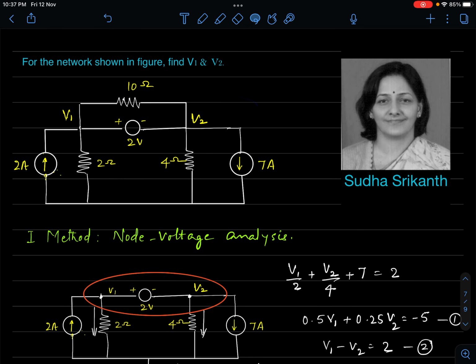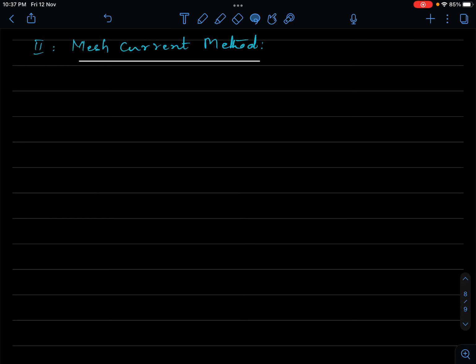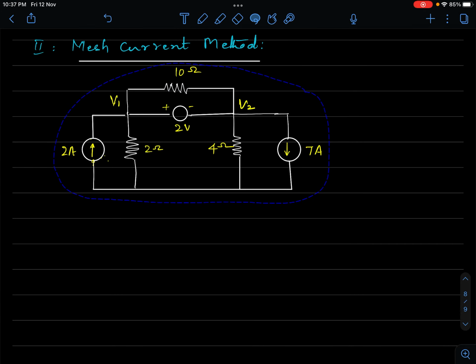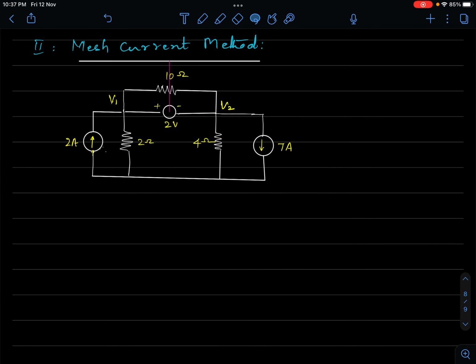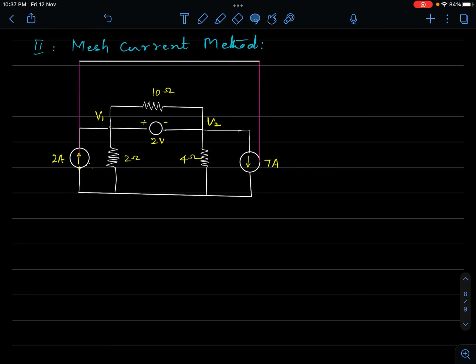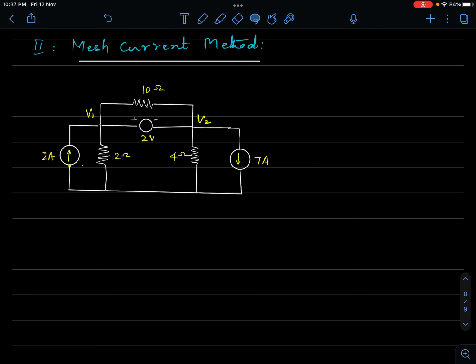Okay, so mesh current method. So what I'll do is I'll pick up the network. Alright, I'll copy, I'll paste it here. Reduce it in size, put it here.